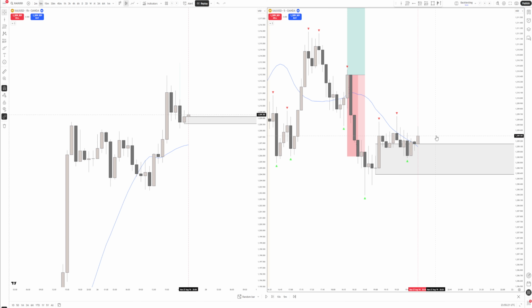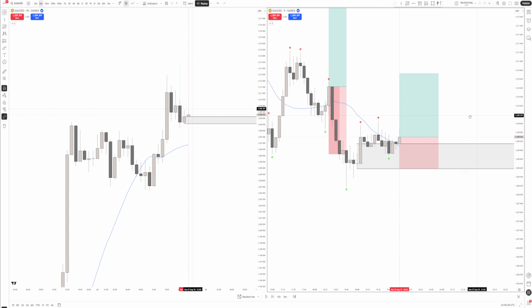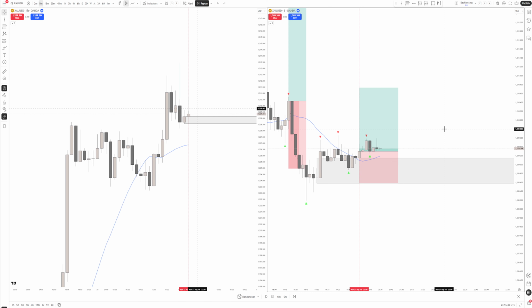This is potentially signaling to the downside, but because we close above the moving average, we can place our stop loss below here. Okay, and then we're going to go for a 2-1. And let's see what happens. Can we make a profit from this? Yes, we can.